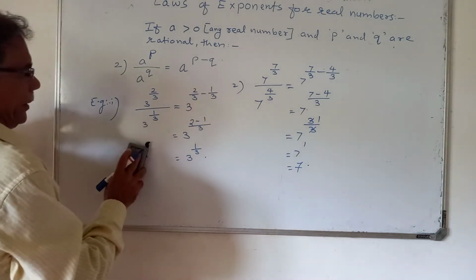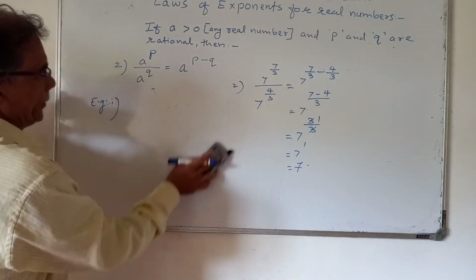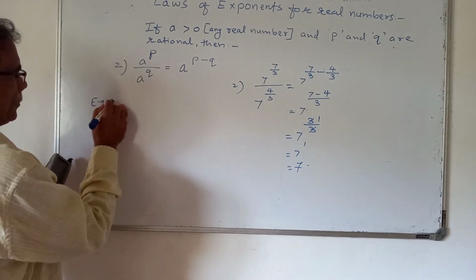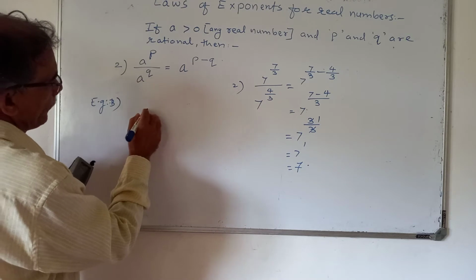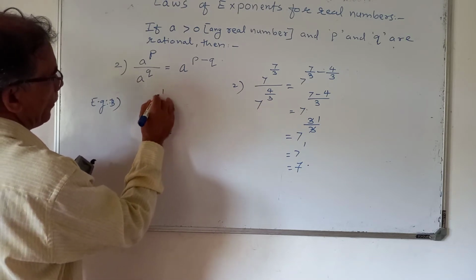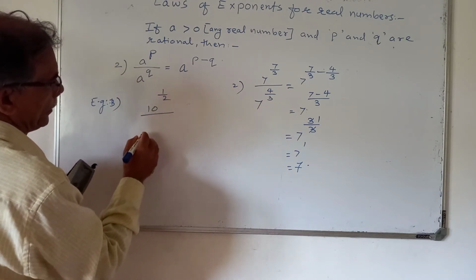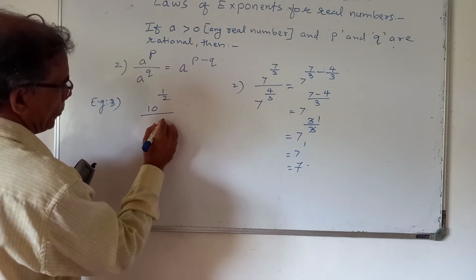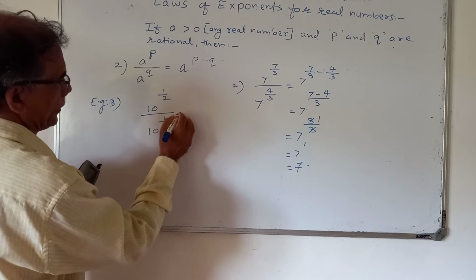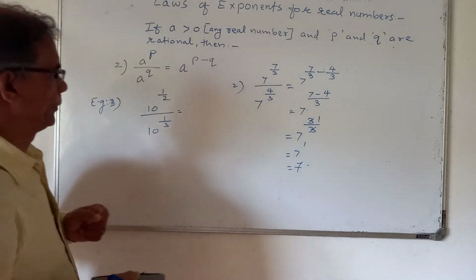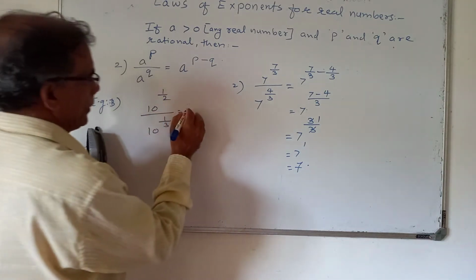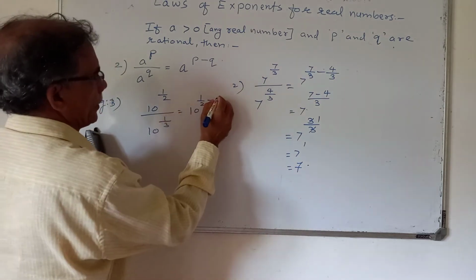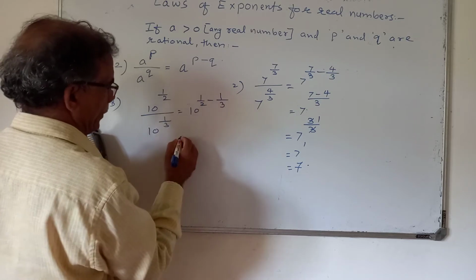Third example, if you want, I shall give you again. Third one. 10 raised to 1 by 2 divided by 10 raised to 1 by 3 is equal to... Now see, it is 10 raised to 1 by 2 minus 1 by 3.